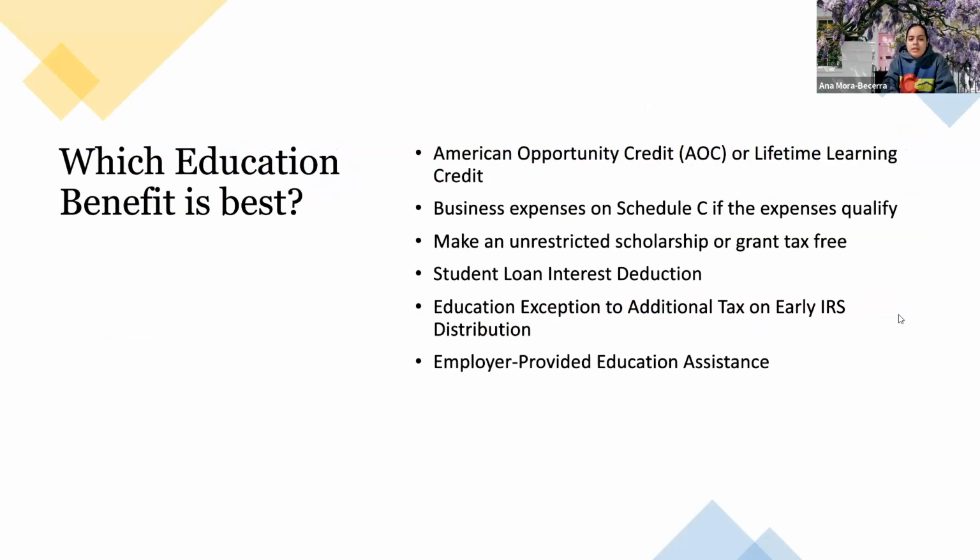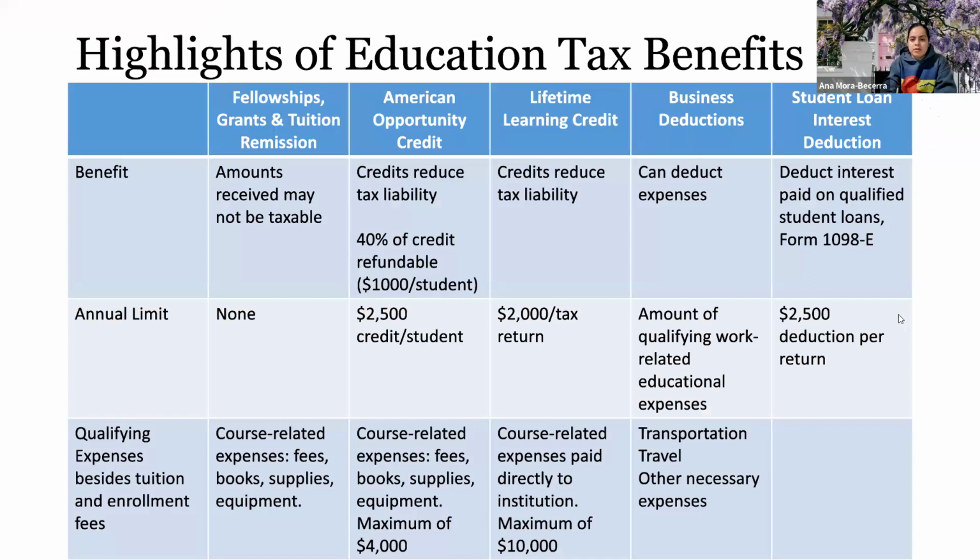So this is where we get into which is the best benefit that one can take. These are the different ones that are available. This chart highlights what each benefit is, what the annual limit is, and the qualifying expenses besides tuition and enrollment. As you can see, each one has different ones that may be applicable.